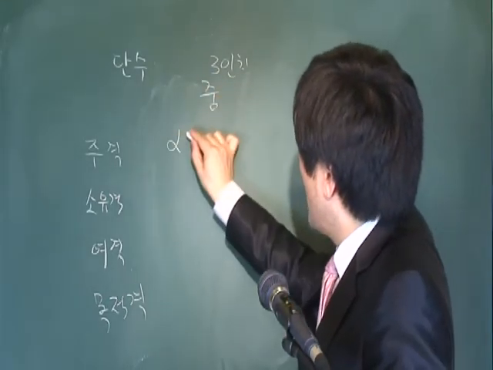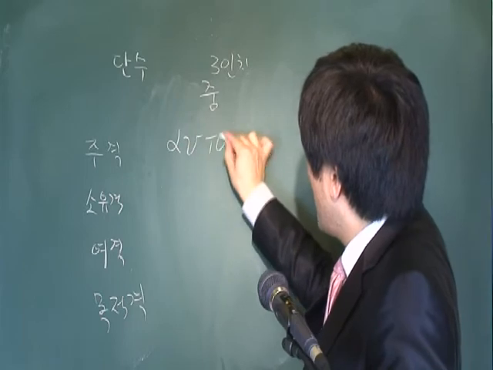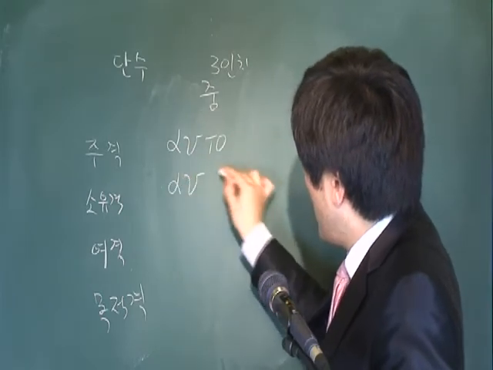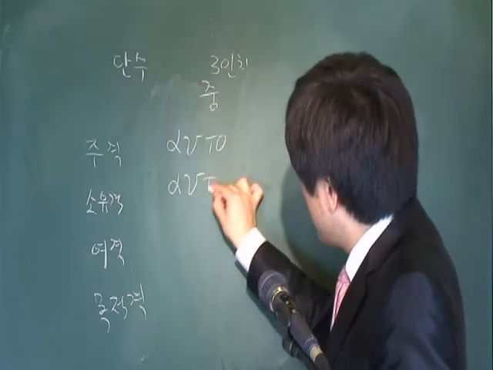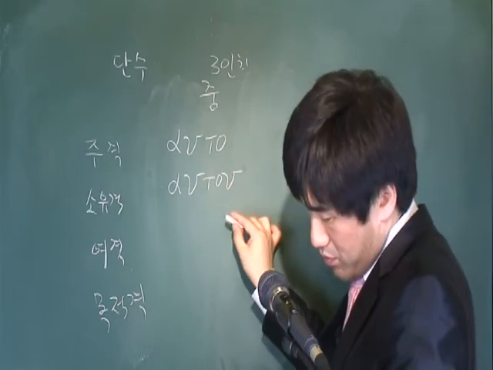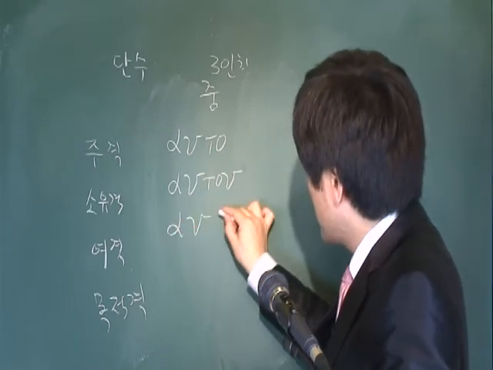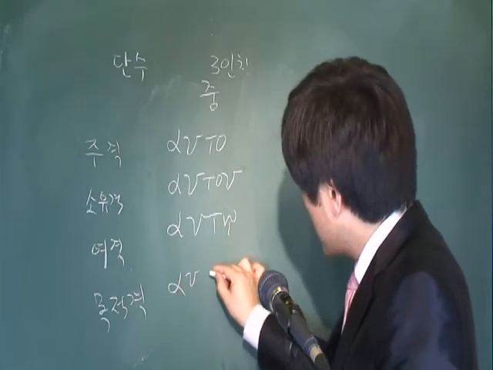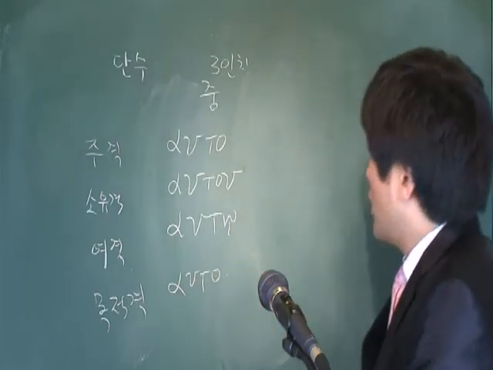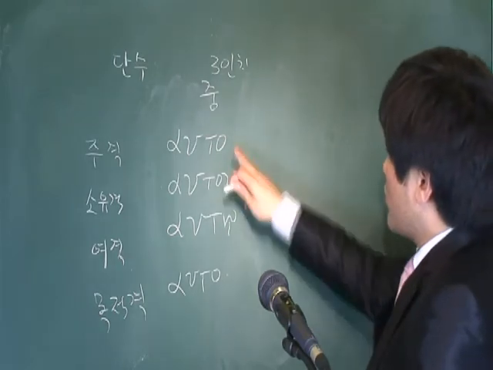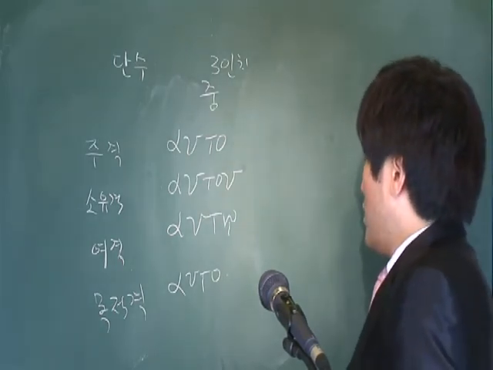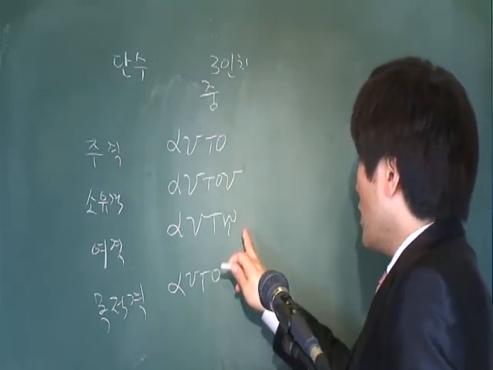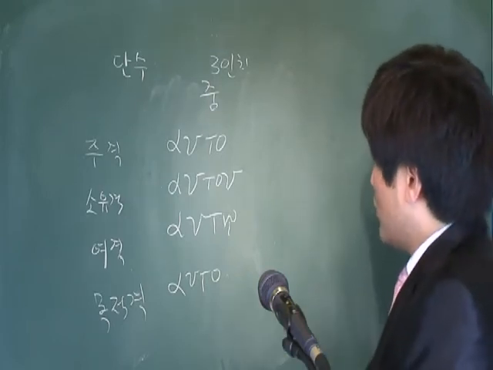Please read along. Autoi, auton, autois, autus. When interpreted, it would be they. The genitive would be their. The dative would be to them, autois.